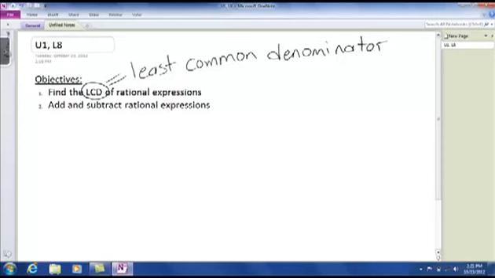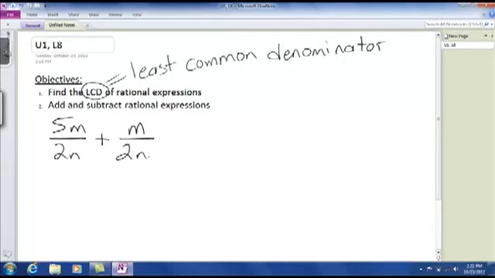Well, actually, we're going to add and subtract rational expressions first because we're going to look at some basic examples where they already have a common denominator. So, for instance, let's say you have 5m over 2n, and we want to add to that m over 2n.